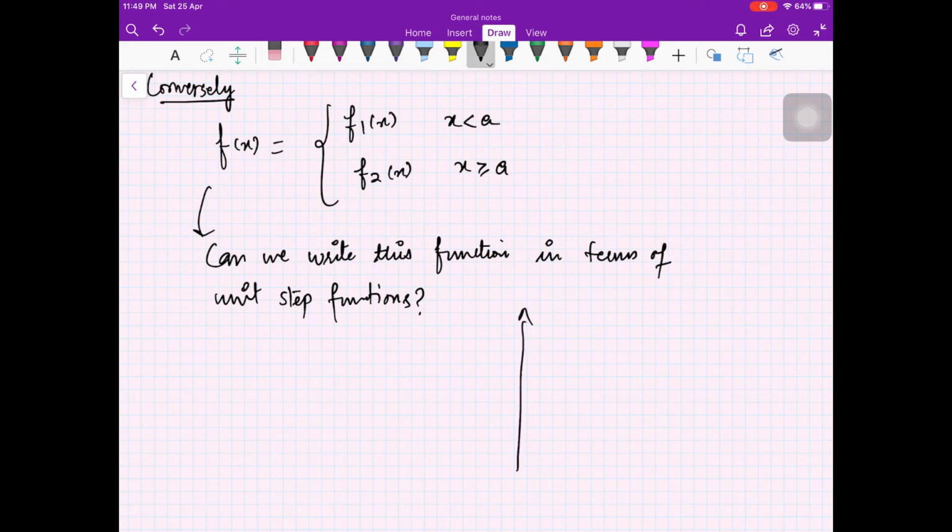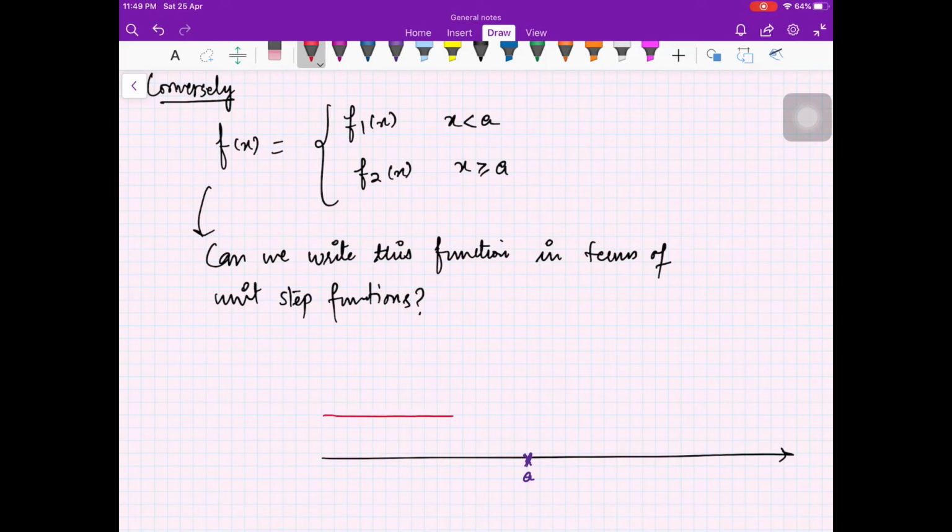Let us draw the graph first, then we will have an idea. This is my point a here, right? On the left side of a, this is f(x), f1(x), some graph, this is not constant, and at a and on the right hand side of a it is f2(x). So this is what I have.